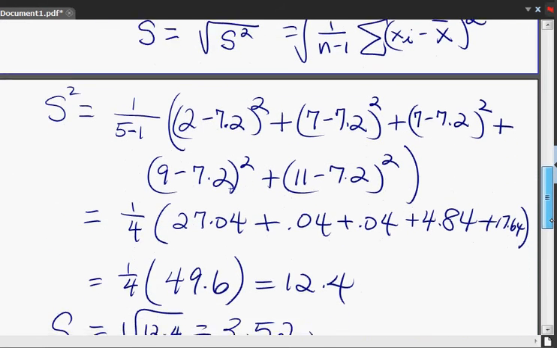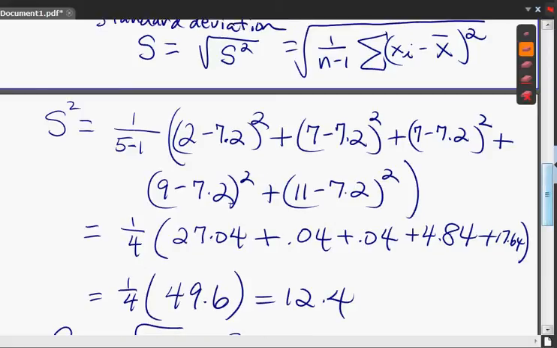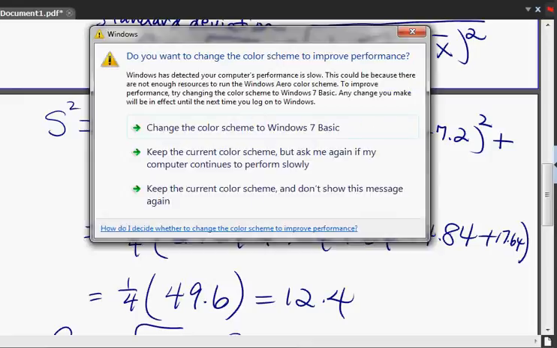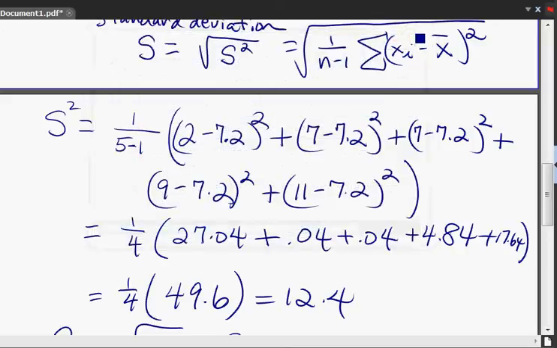I'm going to give you about a minute to do this sum without squaring, and you tell me what happens. What are you getting? What do you get?